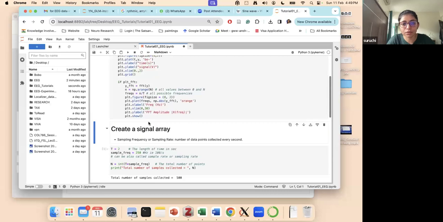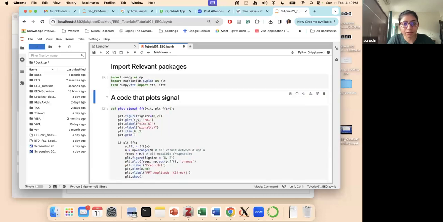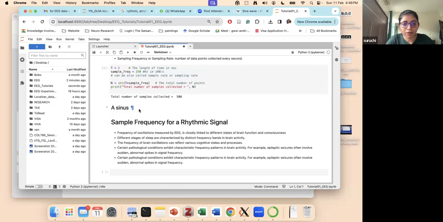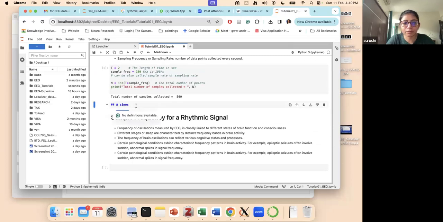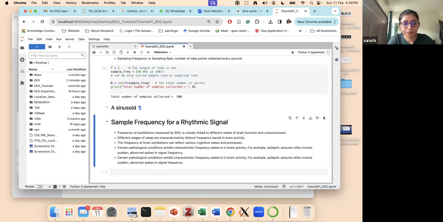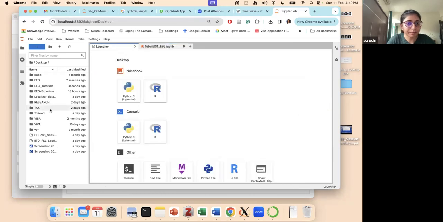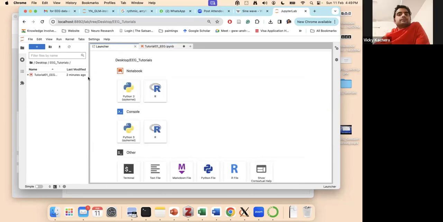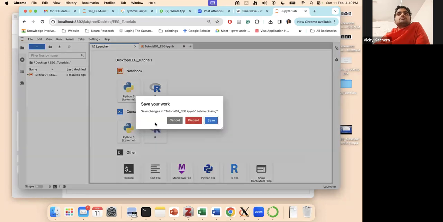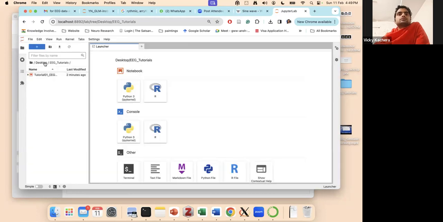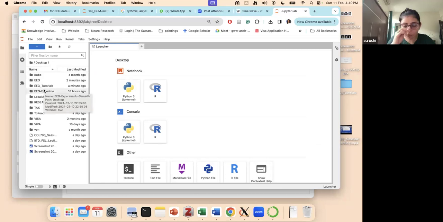This is working. And then the plotting part didn't come, right? The sinusoid part. Yeah. So I'll send you again. That's what happens if you don't save it properly. You need to save. There it is.